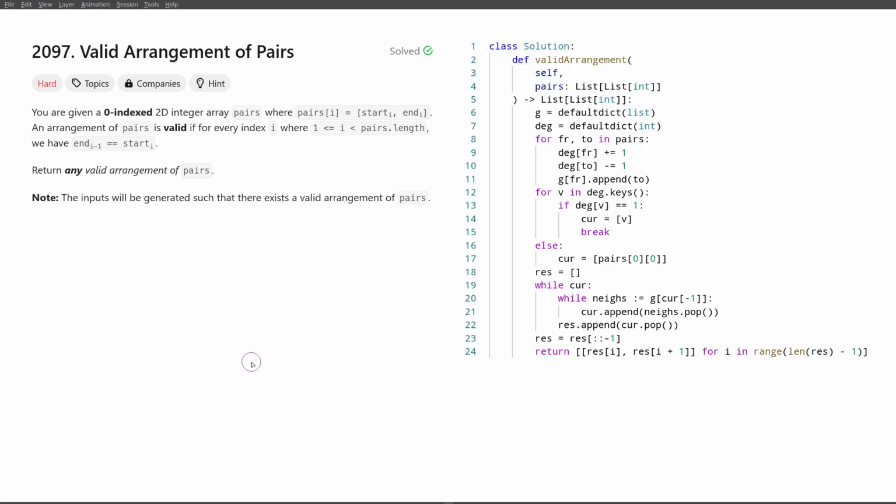Now, if you're not familiar with algorithms for finding the Euler tour, Euler path, then it's something that you probably have to read up on, because they can be quite tricky. The basic idea is that, first of all, whenever we have a situation where we don't know if it's a cycle or a path, we can easily decide, from the mathematical perspective.